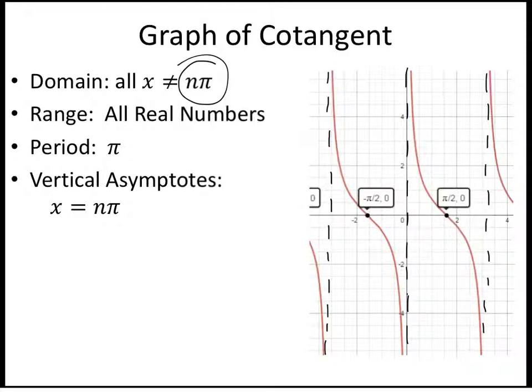Where the asymptotes were on tangent are now where the x-intercepts are on cotangent. And where the x-intercepts were on tangent are now the asymptotes of cotangent. So if you can remember that, they're backwards like that. Tangent and cotangent swap values for asymptotes and x-intercepts.